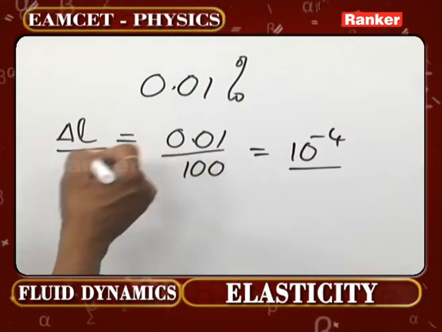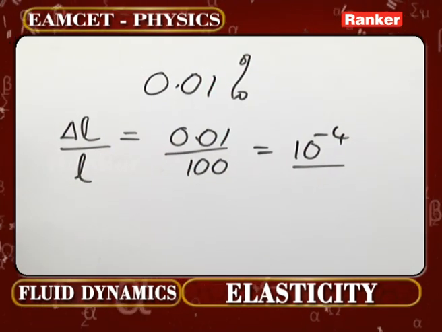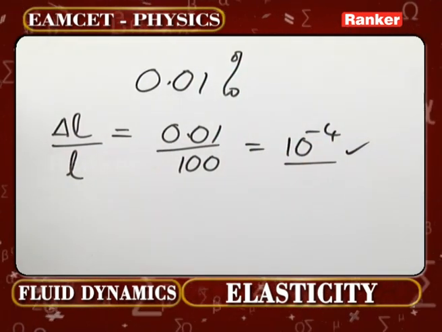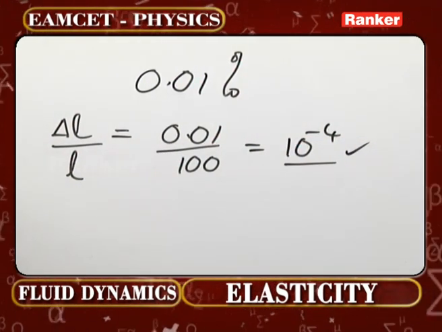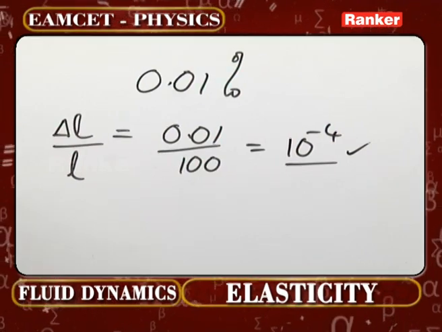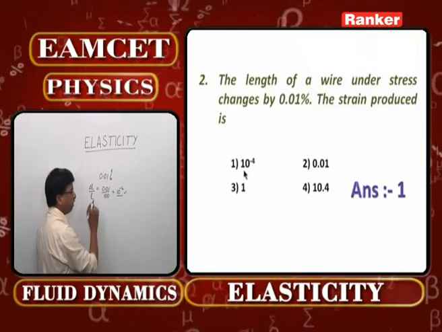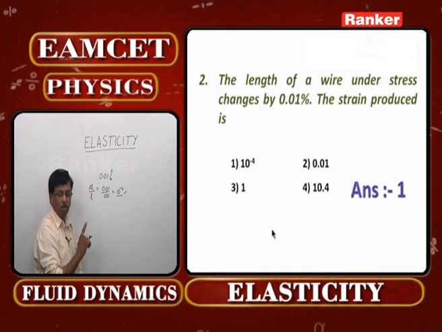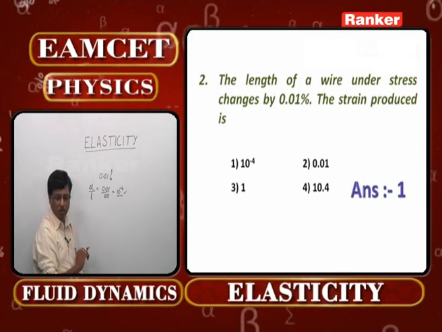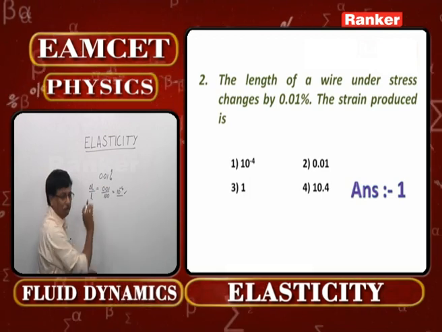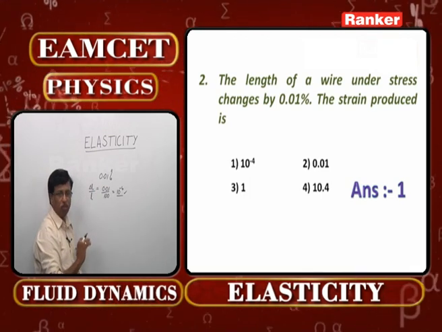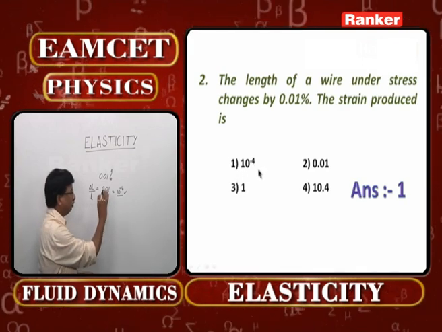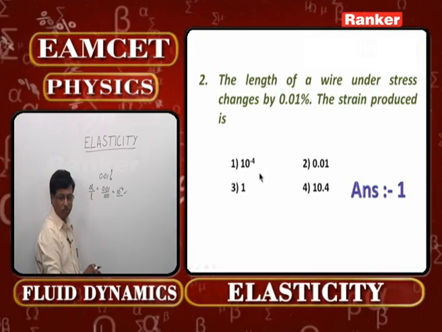So, of course, you should understand now the strain produced in this particular case is going to be 10 to the power minus 4. So, that means the very first option is going to be the correct option for it. But remember carefully, strain being a ratio of lengths or volumes, whatever you talk about, strain has no units. So, no unit needed to be predicted for this one. 10 power minus 4 simply is going to be the strain produced in the wire as such.